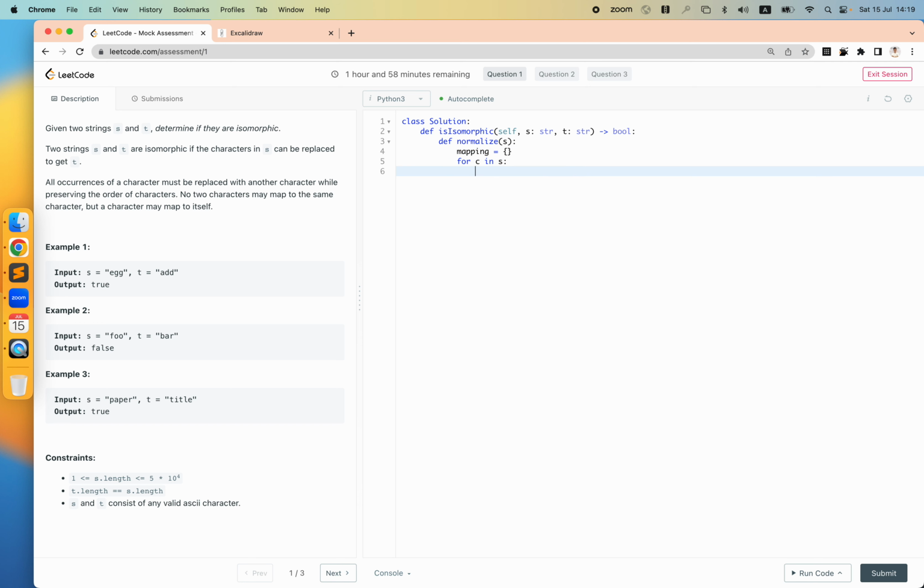For c in s, with the next character being a.